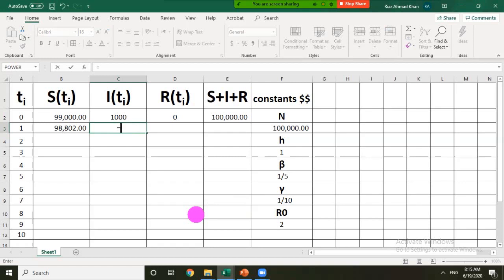Equal to, again, I of 0 minus H with dollar signs multiplied by beta, again dollar signs, multiplied by S of 0 multiplied by I of 0 divided by N, and we have to use dollar sign here as well.